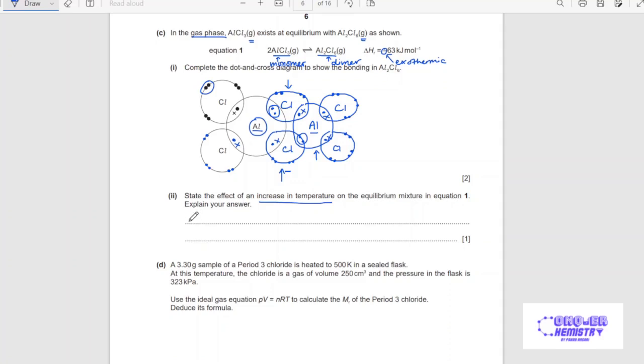So we're going to say over here that more AlCl3 will form because the endothermic backward reaction will be favored.